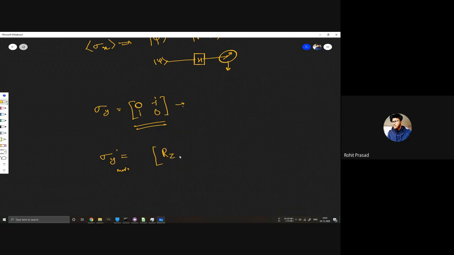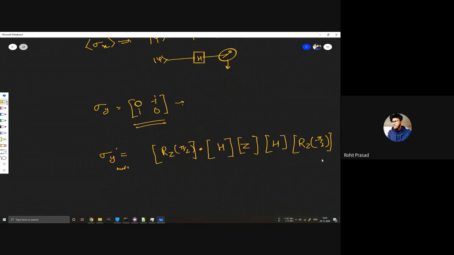rz, rotation about the z axis by pi by 2, multiplying h matrix, z matrix, h matrix, then rz minus pi by 2. It's a bit complicated, so I won't be doing it here.